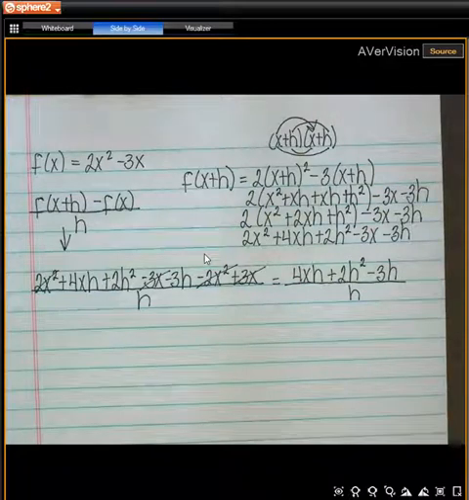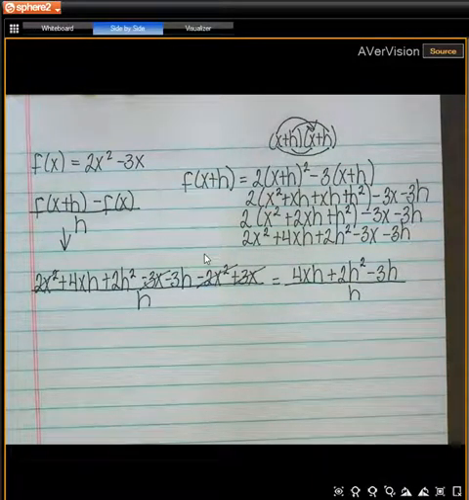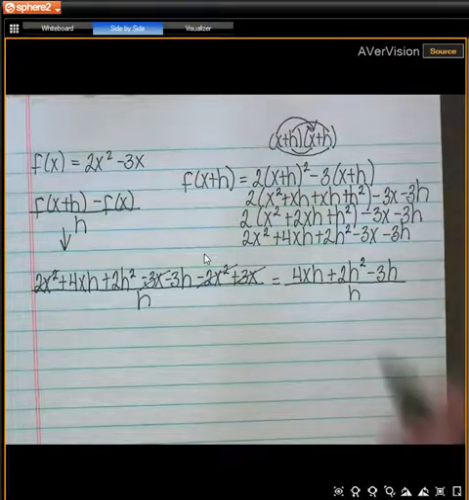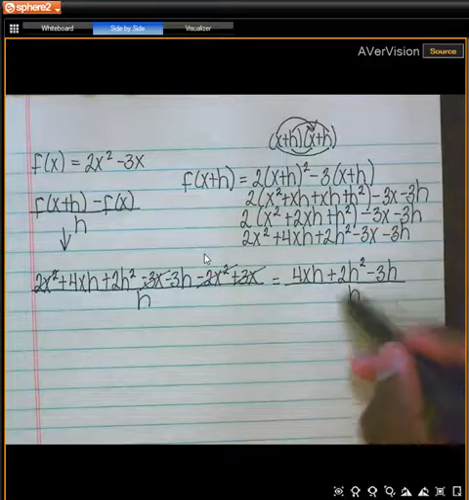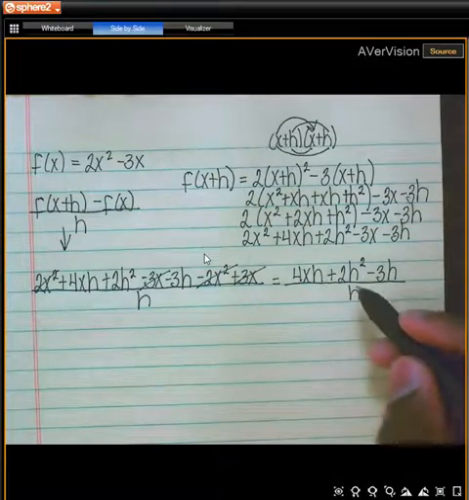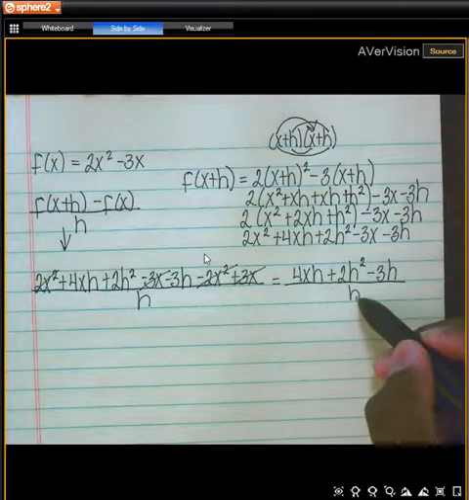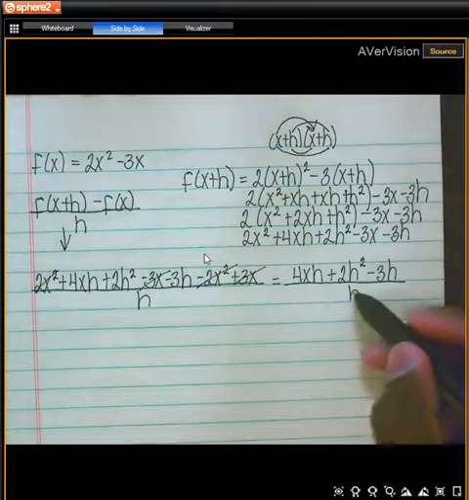Yeah, we can cross out some h's. Since there's only one term in the denominator, we can simplify. There's one h up here that would cancel with one of these h's.